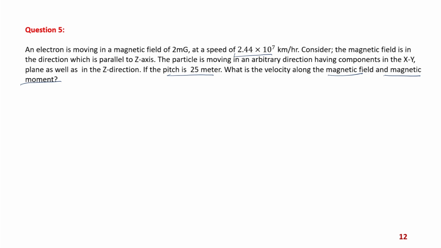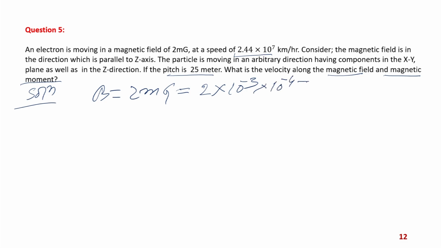So, here we will write. Your B is 2 milli Gauss. You have to convert Gauss to Tesla so that you can directly put it into those formulas. So, 2 into 10 to the power minus 3, and then 1 Gauss is equal to 10 to the power minus 4 Tesla.